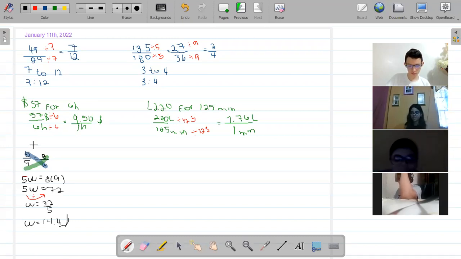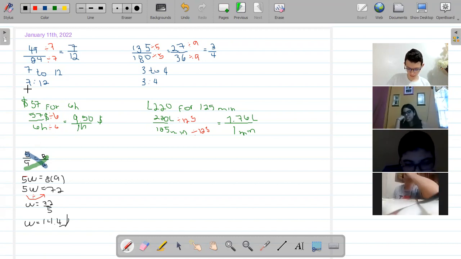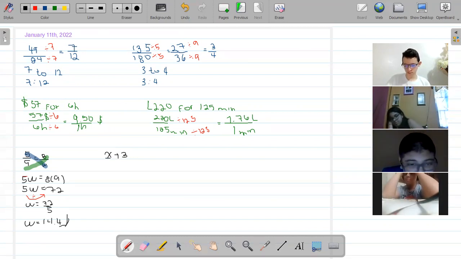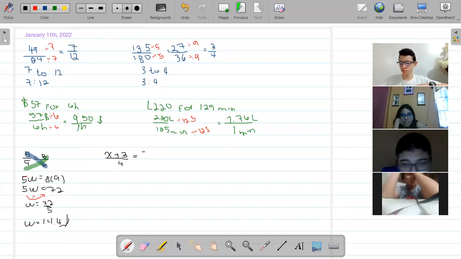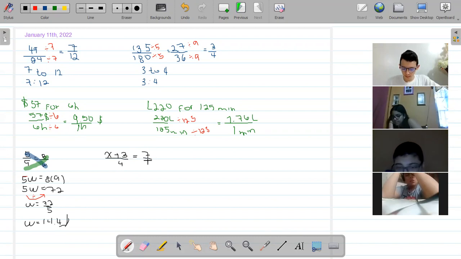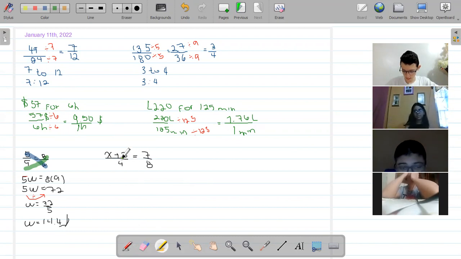Let's do another one. Let's do exercise 32. This is a little bit more complex because we got x plus 3, everything over 4, equal to 7/8. Should it change anything that I have x plus 3 and not just the variable?